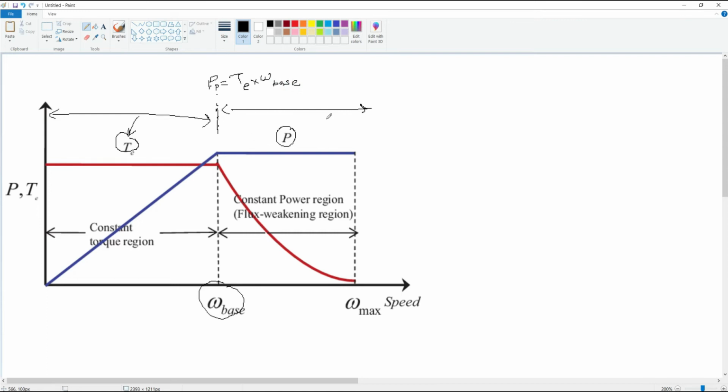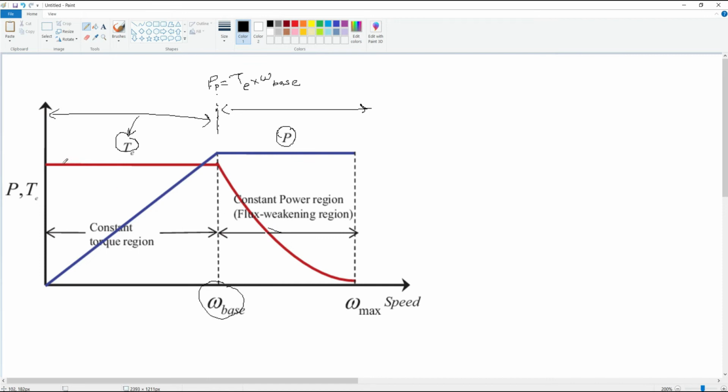Now in this entire region, power is constant as speed is increasing. With this relation, you can clearly see torque should decrease in order to make power constant. And that is what is happening here. So as power is constant here, speed is increasing, torque needs to decrease to maintain the same power.